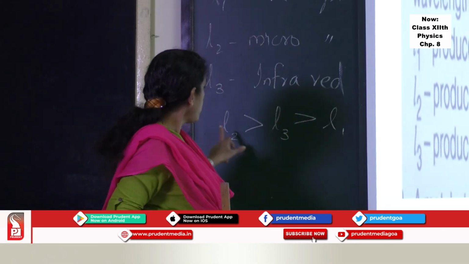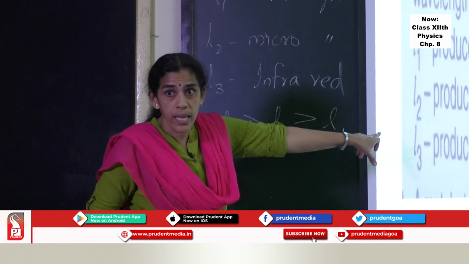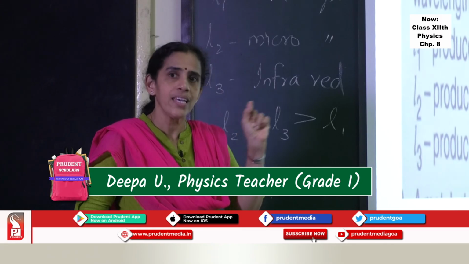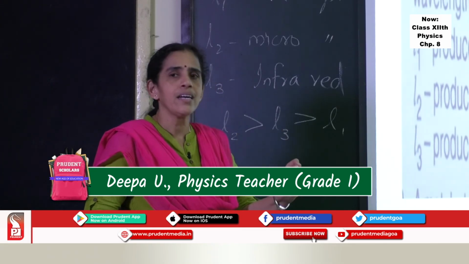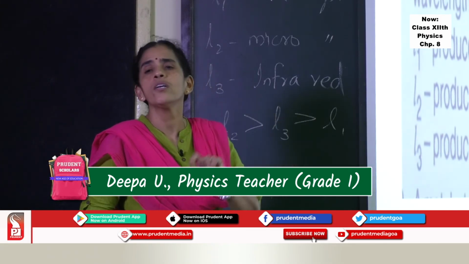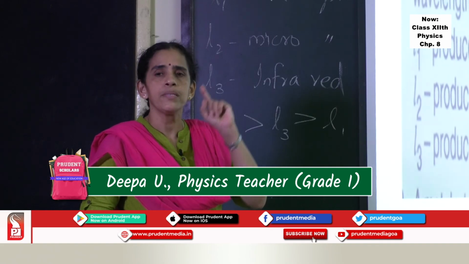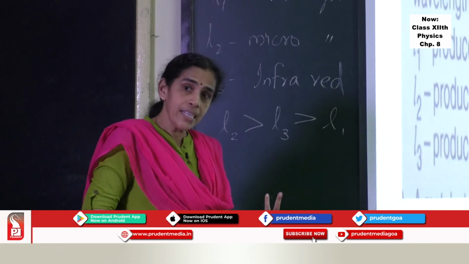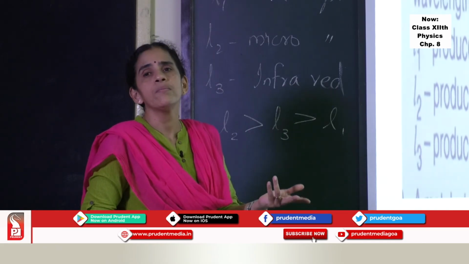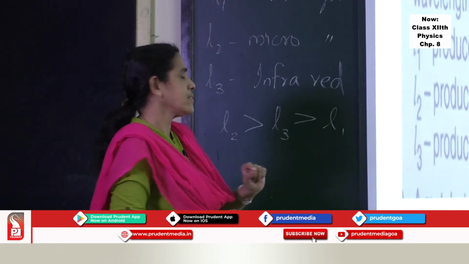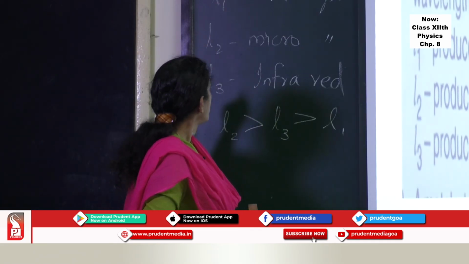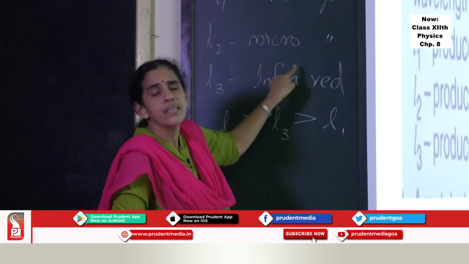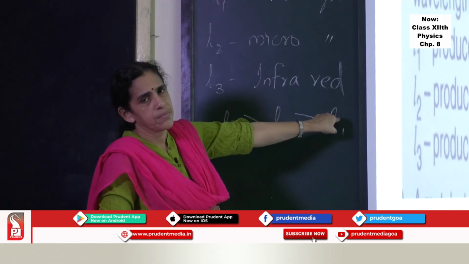So here, among the waves given, not any other waves, first identify the waves and then, if it is descending order of wavelength, start from the highest wavelength. If it is ascending order of wavelength, start from the lowest wavelength. The highest wavelength is microwaves, then infrared, then X-rays.